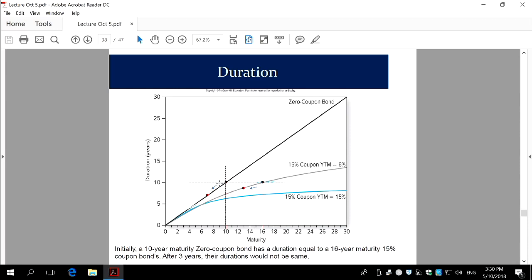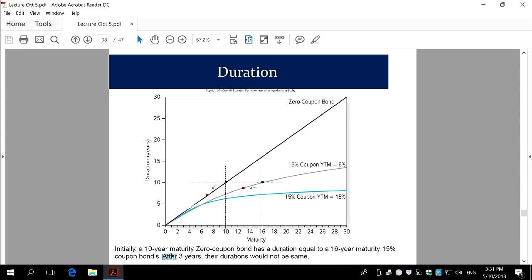Suppose you want the duration of the asset side to equal the duration of the liability side, then you just purchase a 10-year maturity zero coupon bond and a 16-year maturity 15% coupon bond, then you get immunization, right? Because the durations are equal. Initially their duration is equal.